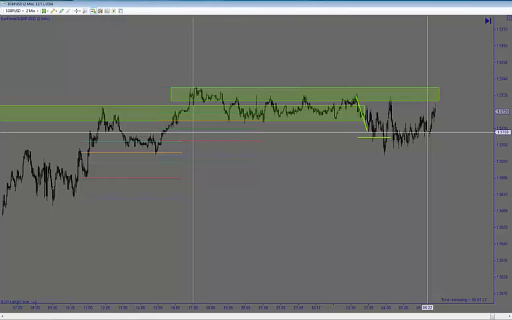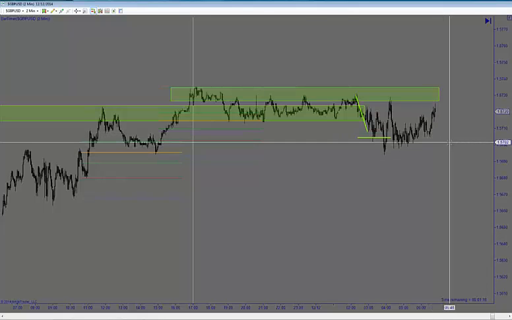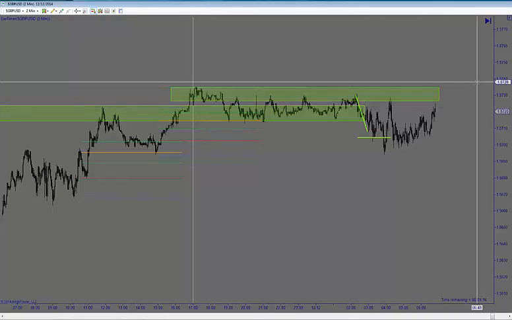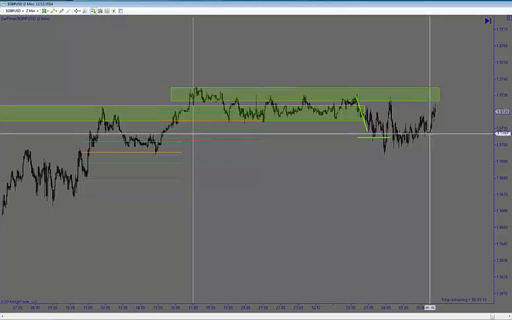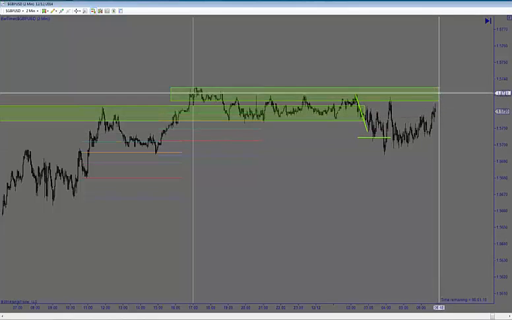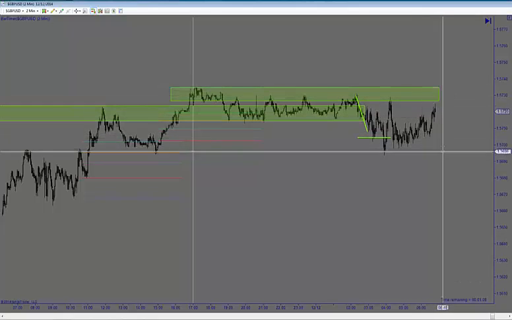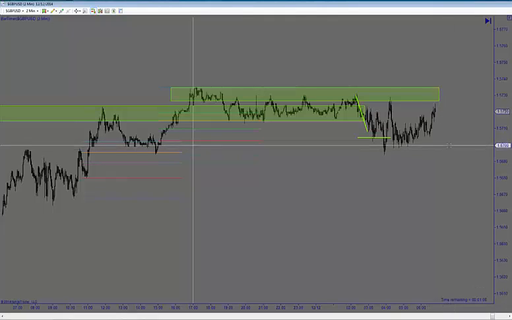Is this a situation where you would just watch and wait for more clarity? Yes, right now there's nothing in my process that would have me in a particular trade here. I will be looking for shorts up in this area and possibly looking for longs in this area.